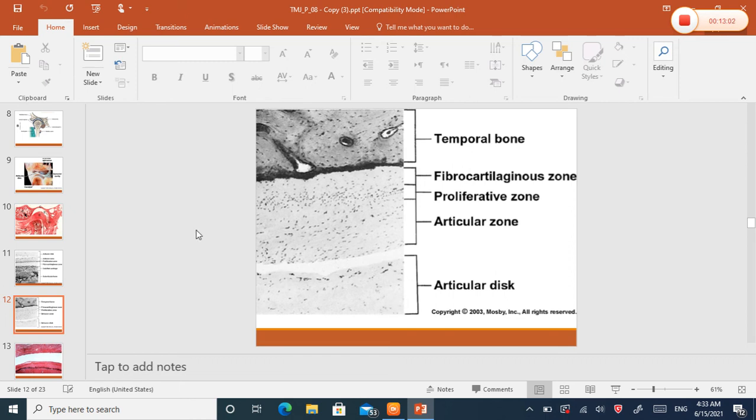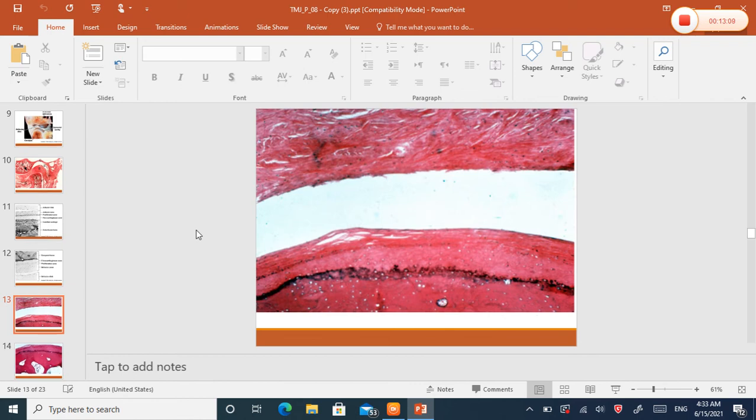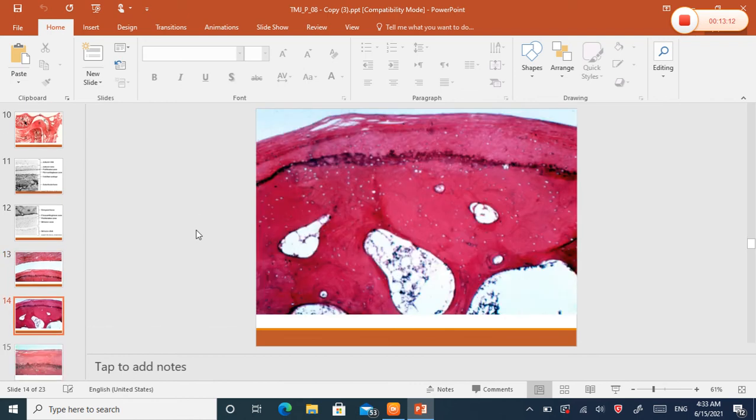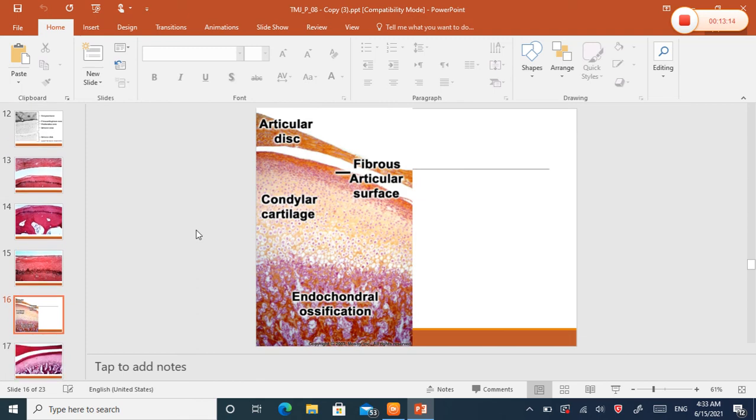Also, this is an important slide. Please focus on this slide. This is a very important slide. Pay attention here. Articular disc and fibroarticular surface of the condylar and condylar cartilage, and this is endochondral ossification, after which we have calcification of the bone.